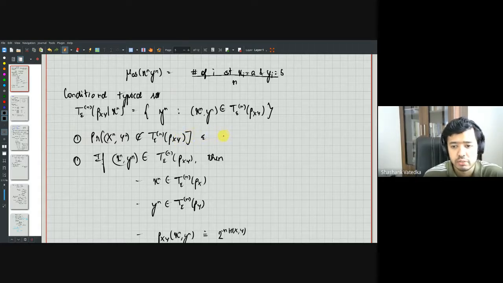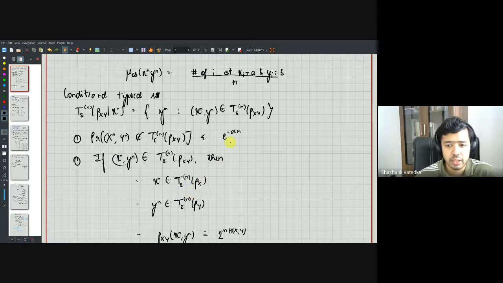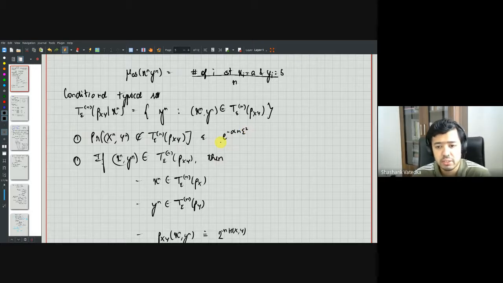So this is less than or equal to e to the minus some constant times n, where this constant depends only on P_XY and epsilon. More explicitly, it is less than or equal to e to the minus alpha n epsilon squared, where alpha depends only on P_XY.